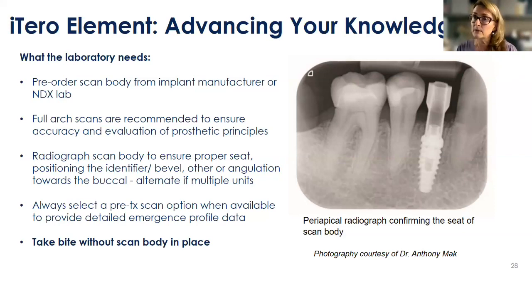They are typically reusable, but there are specific instructions as to how many autoclave cycles it can go through before you risk it warping or distorting in some way. So it's very important to keep track of how many times you have autoclaved that particular scan body. And you could keep track of that on autoclave bags as well.